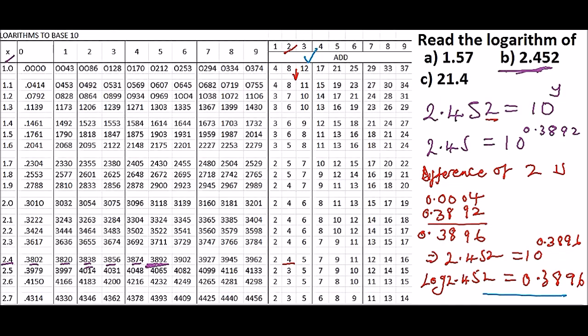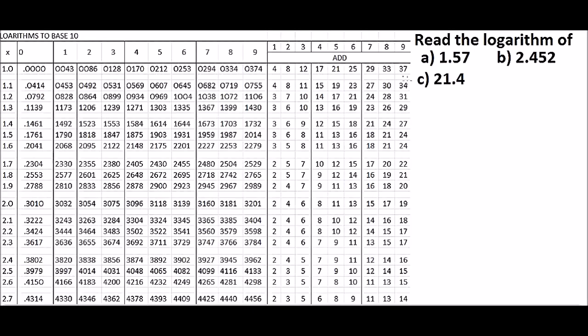So part C, we are required to get the logarithm of 21.4. This is a number that is greater than 10, and our tables read up to 9.9. So we are supposed to express 21.4 to the powers of 10.